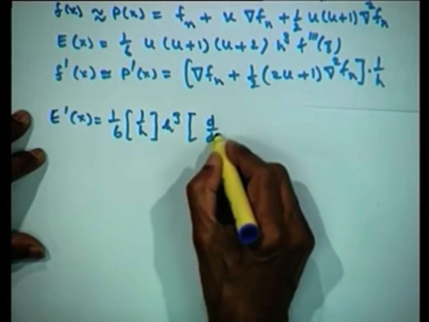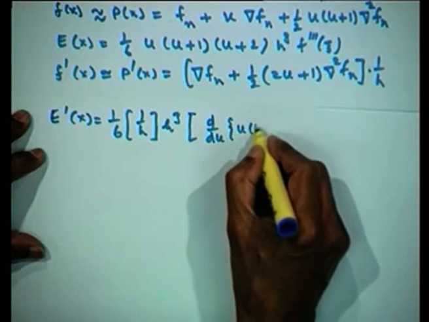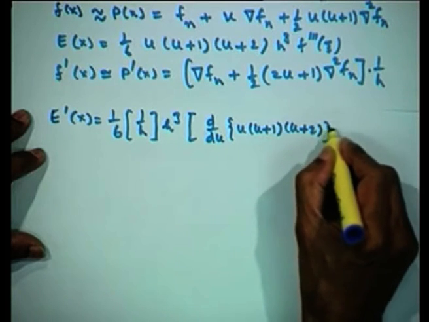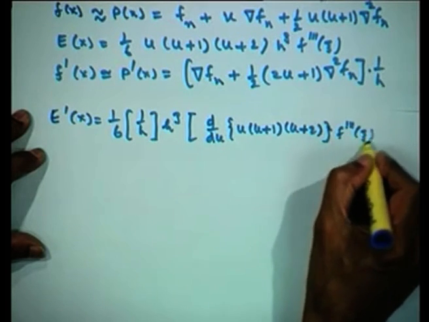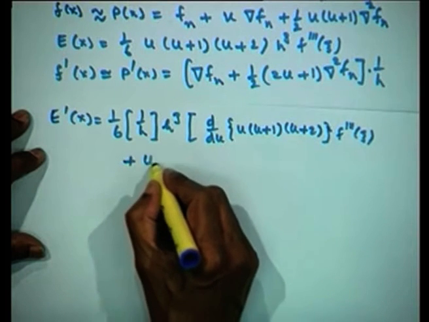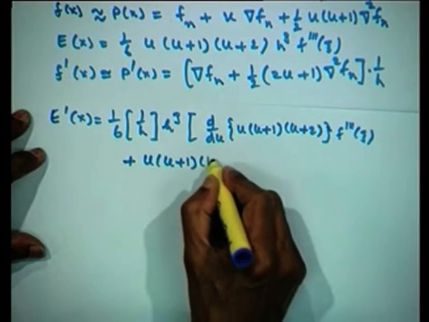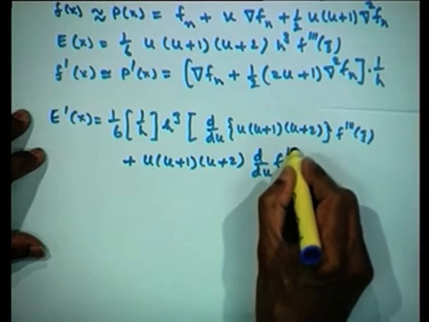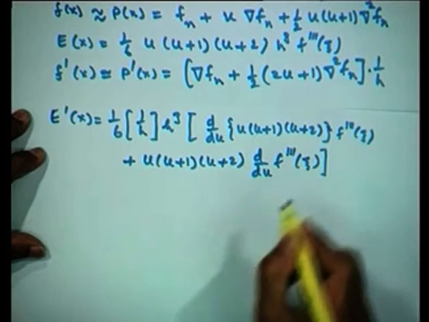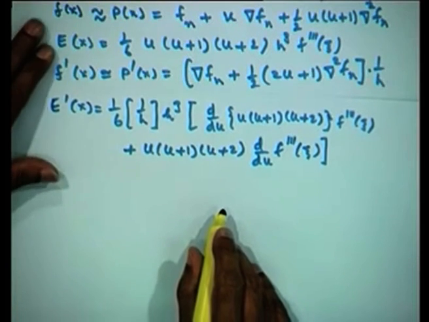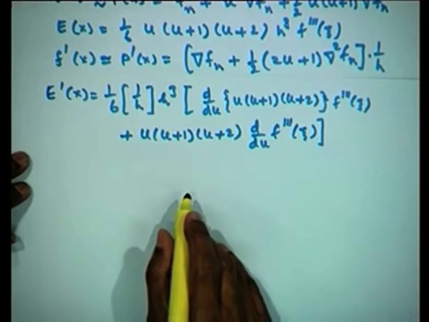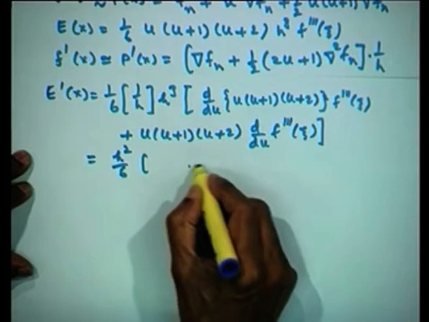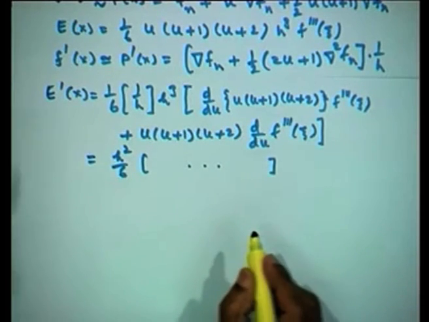So, I will have d upon du of u into u plus 1 into u plus 2 into f triple dash of xi, plus u into u plus 1 into u plus 2 into d upon du of f triple dash of xi. Therefore, in the general case this will look like h square by 6 into the quantity in the bracket.